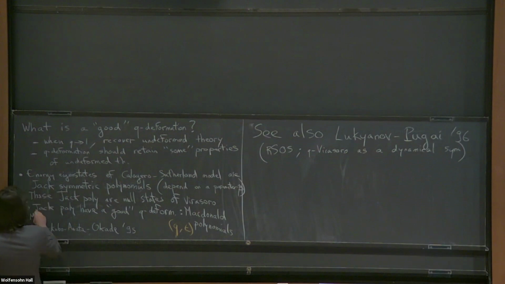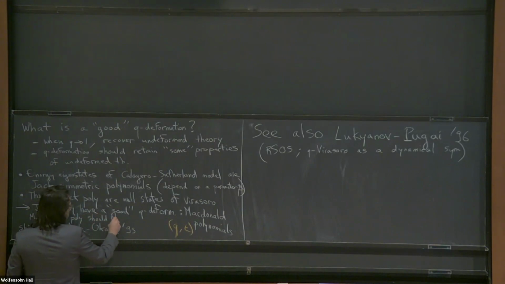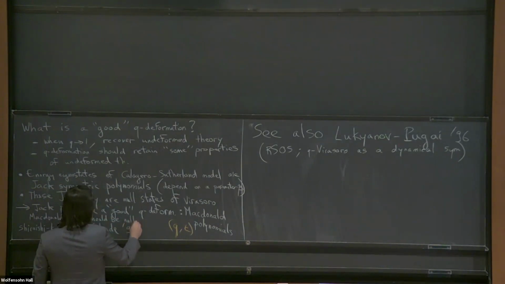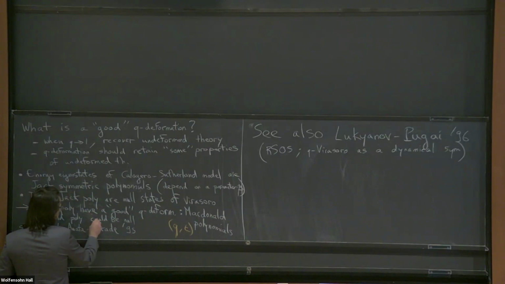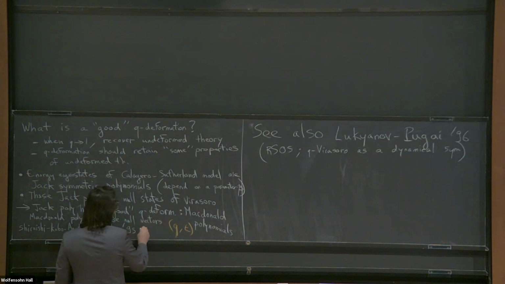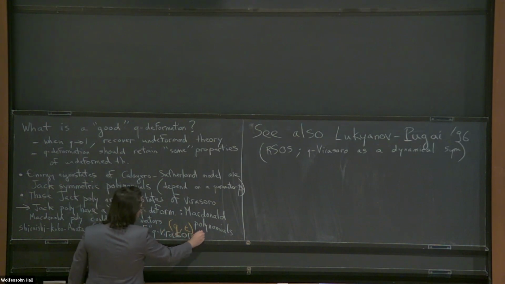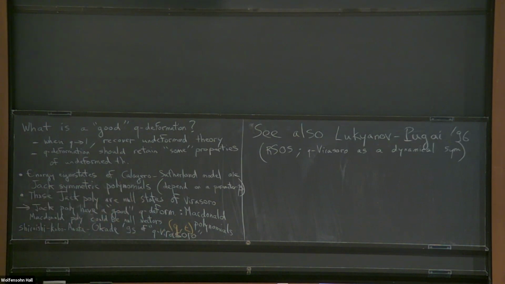So Macdonald polynomials could be null vectors of q-Virasoro, whatever that is, and they defined it that way.